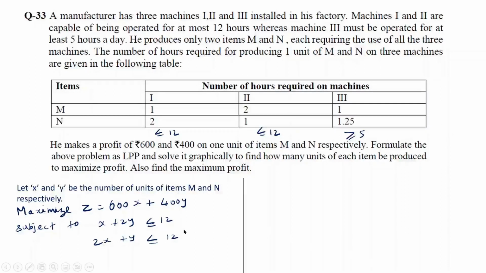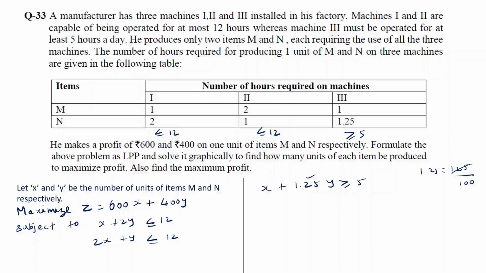And next we have machine 3. Here M requires 1 hour and N requires 1.25 hours on machine 3, but machine 3 should be operated for at least 5 hours. So, it is more than or equal to 5. Let me write it here. x plus 1.25y greater than or equal to 5. Now, this 1.25 is nothing but 125 by 100.